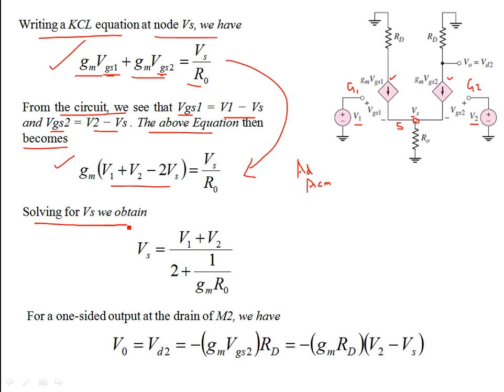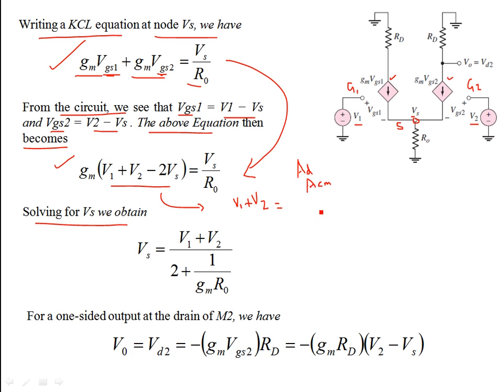Anyways, solving for Vs, if you make Vs the subject of this formulation and rearrange these terms, you can take this term, which will be gm (V1 plus V2). I'm just putting in one more step in between.